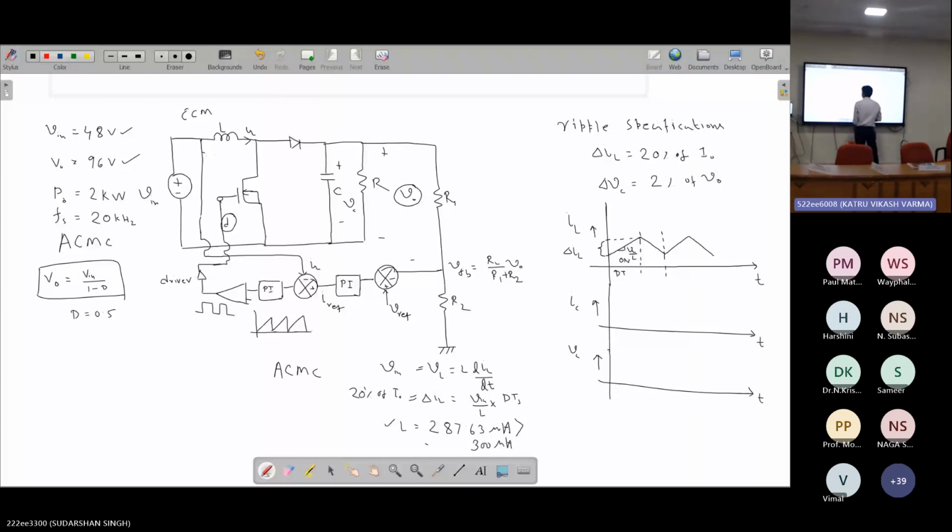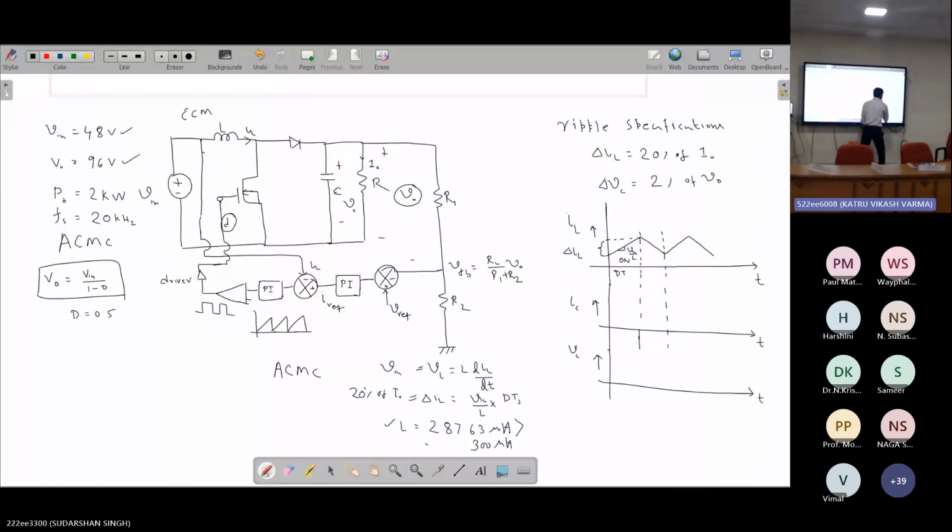Now, how to find out the capacitor value such that it will satisfy the ripple specification in the capacitor. So if you draw the capacitor current, obviously during the on time, the capacitor is totally providing the load current I0. And if you use KCL, IC is equal to minus I0.